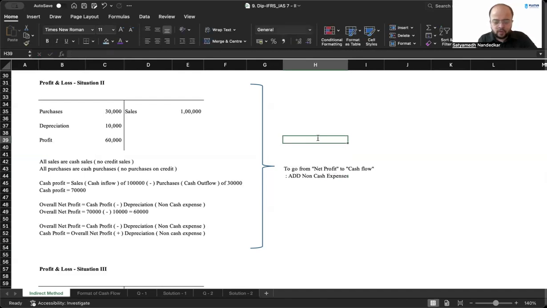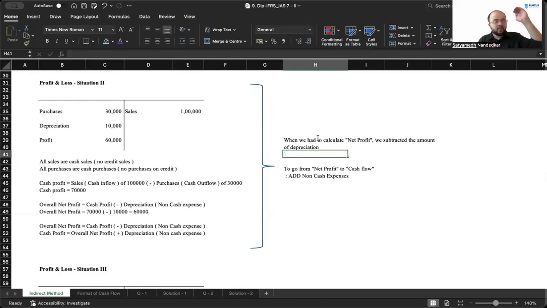When we had to calculate net profit, we subtracted the amount of depreciation.